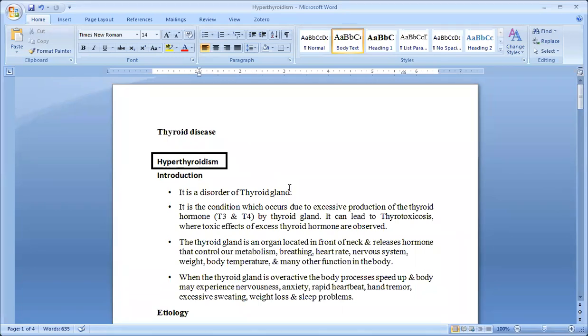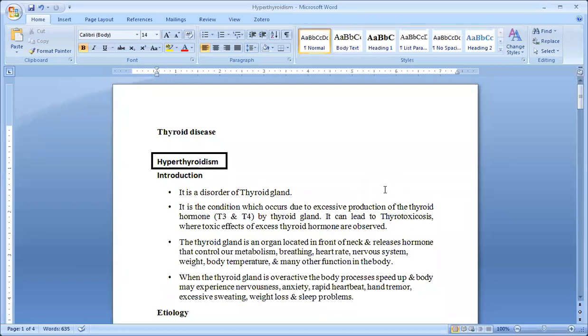Which type of gland is it? Endocrine gland. It is the condition in which there is excessive production of thyroid hormones, which hormones? T3 and T4, by the thyroid gland.